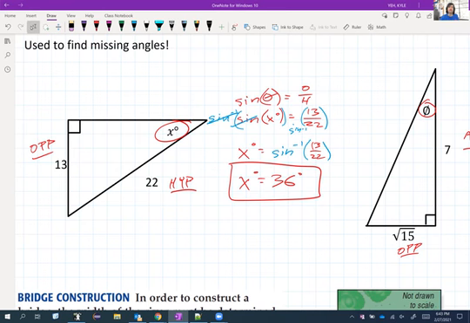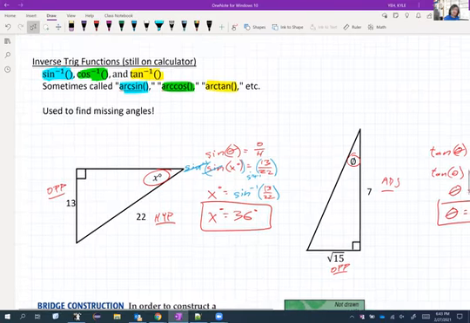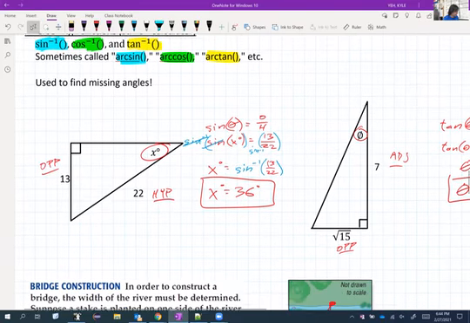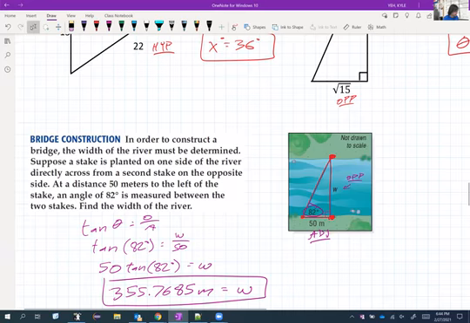Then you need to be able to figure out how high it is, what the diagonal is, and what the horizontal step should be. If you're building a deck in your backyard, a lot of times you'll be using these calculations to find missing side lengths and missing angle measures of these triangles.